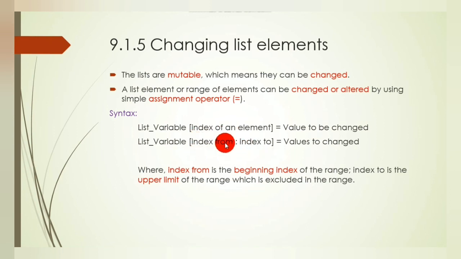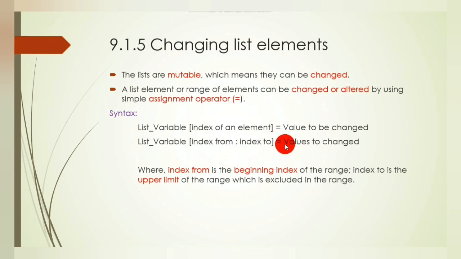Index from is the starting index value, index to is the upper limit of the index value. So from which index to which index you want to change, you have to specify the start and end index value of the list.